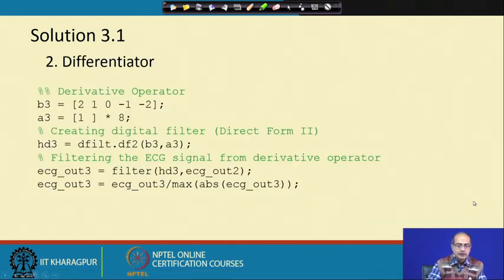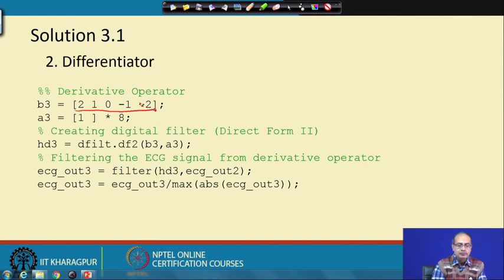So, next we look at the derivative operator. The derivative operator is not the simplest form. Here we have 5 coefficients in the numerator, which means it is a sophisticated derivative operator.